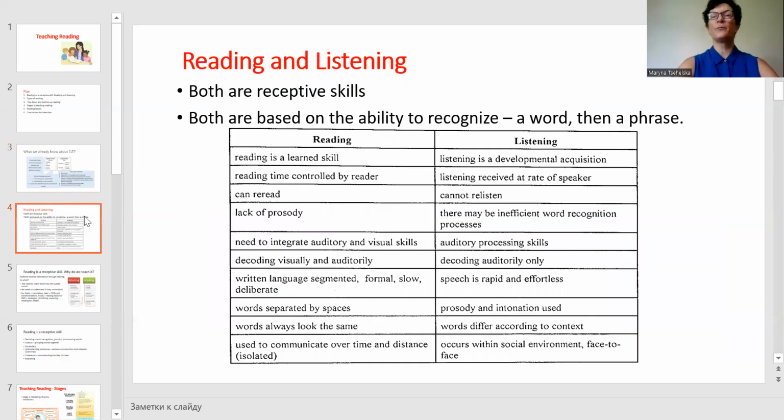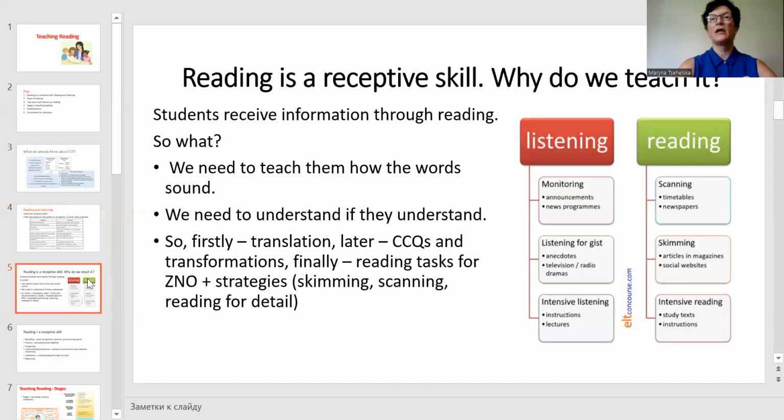So if we compare reading to listening, we'll see that they are based on the ability to recognize a word, a phrase, and to understand it. So, though they have many differences, for us, it's important that they both are receptive skills. And if we compare the types of listening to the types of reading, we'll see that they have very much in common.